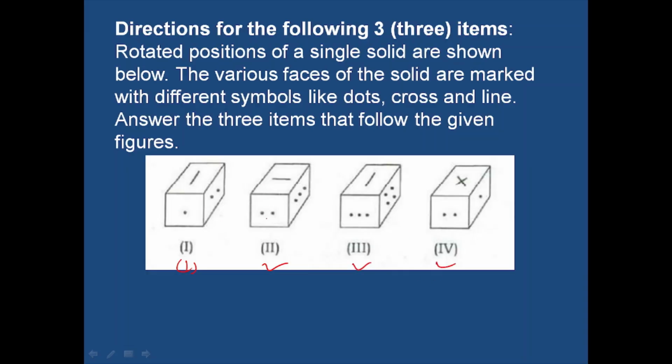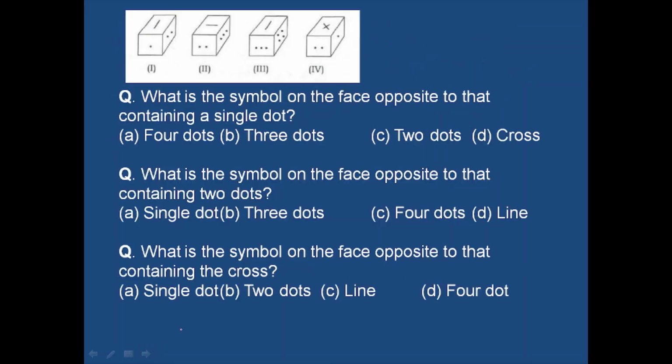What we have to find out, if we decode this dice, is the symbol that faces opposite to that contains a single dot.